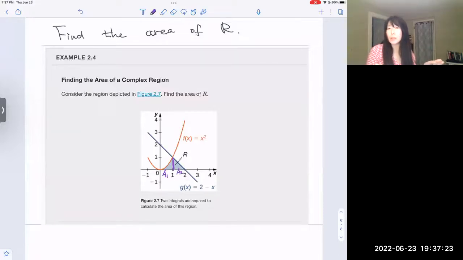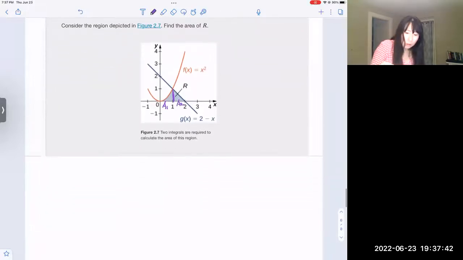So it's basically like calculus 1. We need to find the area under the curve, right? Area 1 has only a parabola, and area 2 is under a straight line. So let us do that. This is area 1.